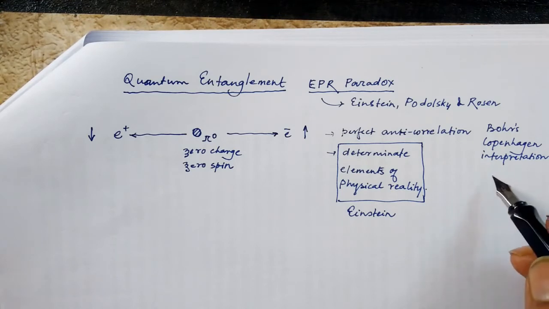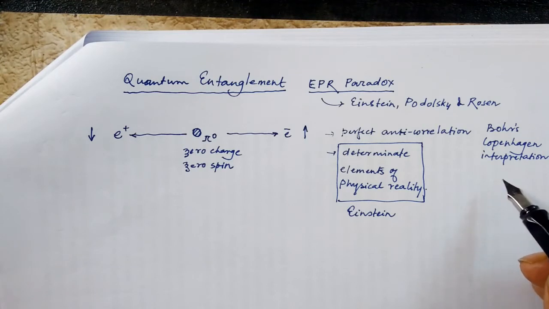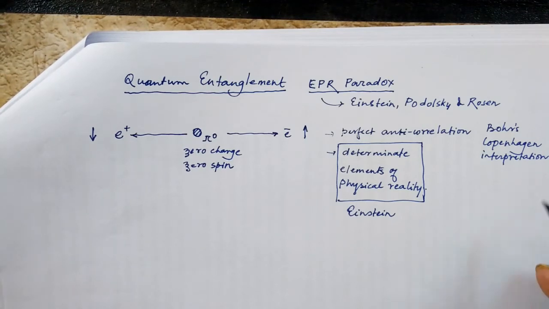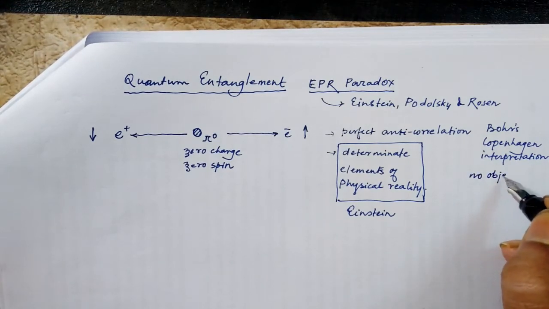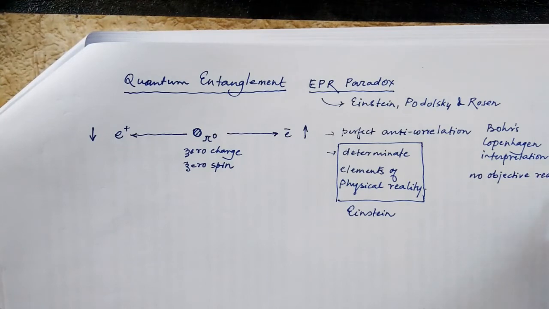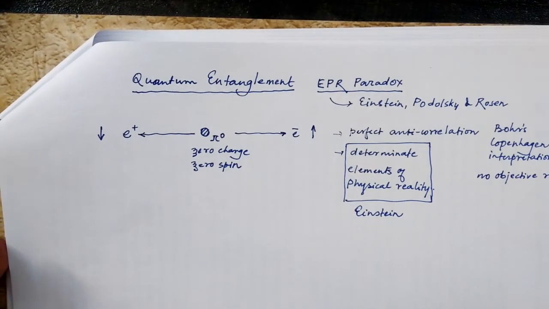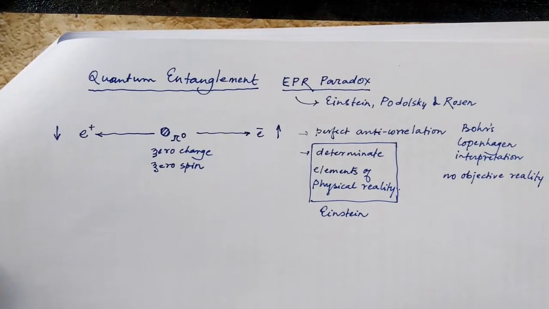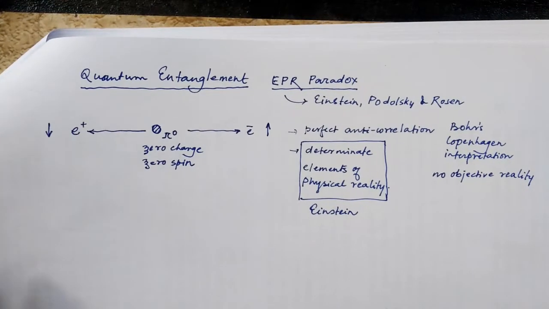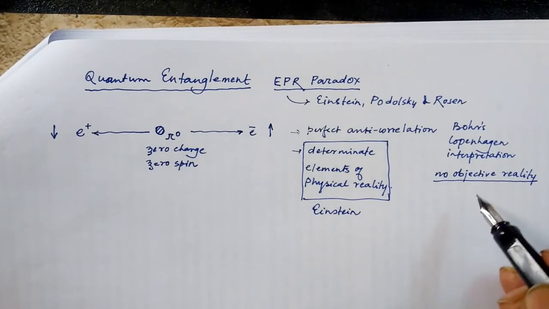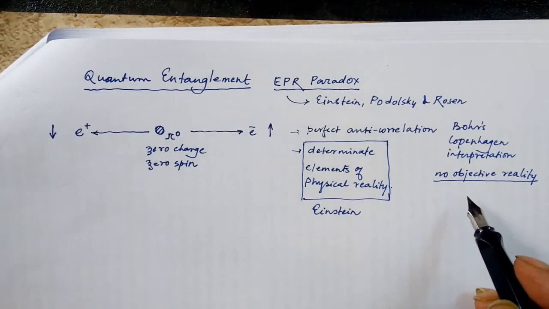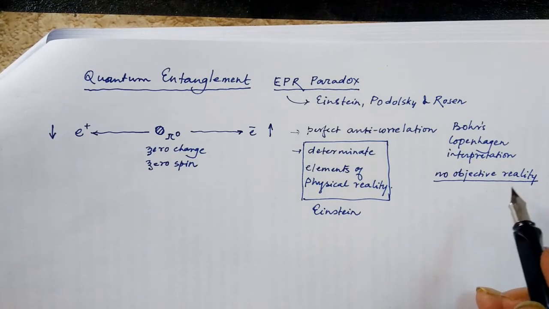So basically this means that there is no objective reality. These are the physical terms that we associate with quantum mechanics. So according to Bohr's interpretation, there is no objective reality.